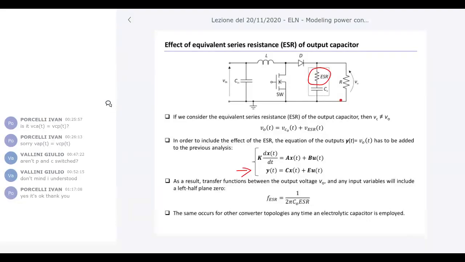This is the main question. So the other two methods that we analyze in what follows just consider this basic fact. There's no meaning in evaluating the whole circuit, but just the switches, because they are the time variant elements.